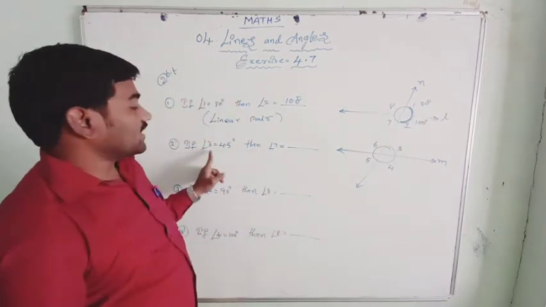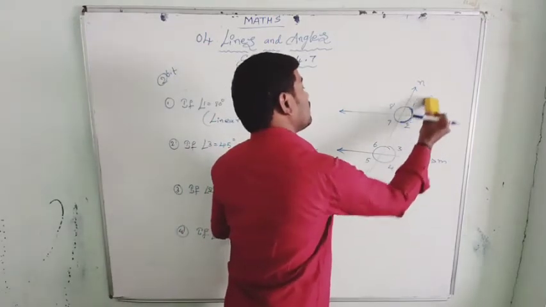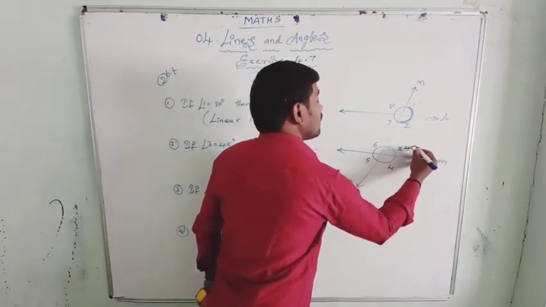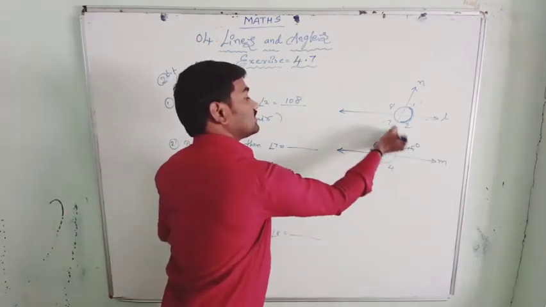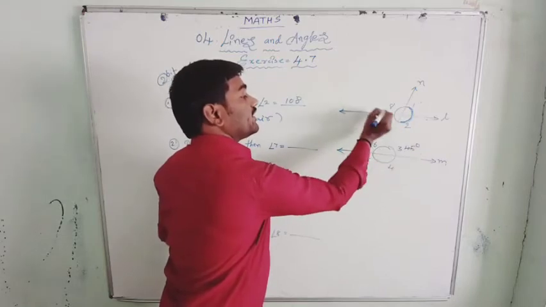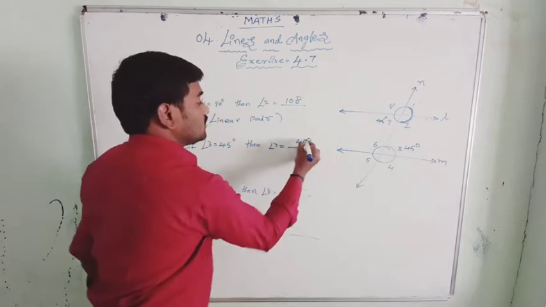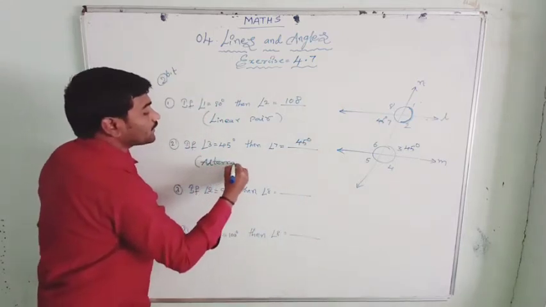Next, if angle 3 equal to 45 degrees, then angle 7, see that these two are alternate interior angles, so this will also be equal to 45 degrees only.